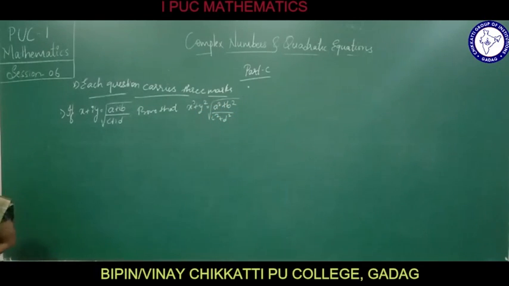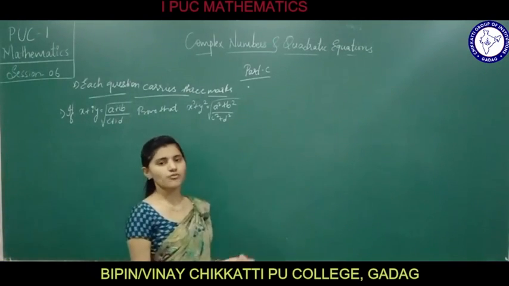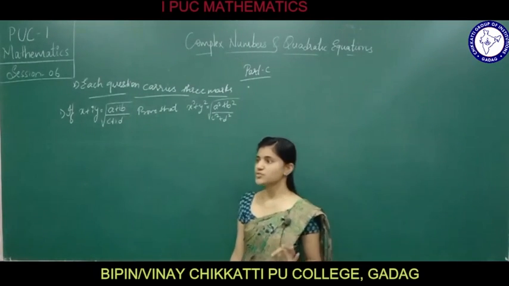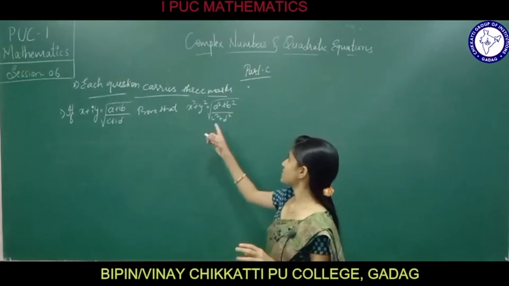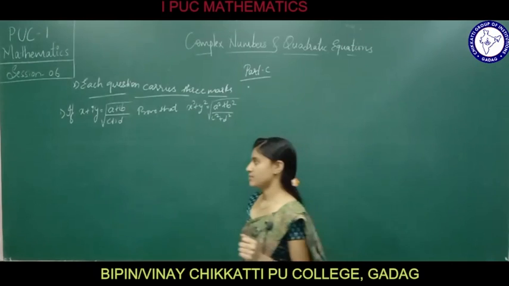See what they have given us. They have given that x plus iy is equal to root of a plus ib divided by c plus id. We need to prove that x square plus y square is equal to a square plus b square divided by c square plus d square.